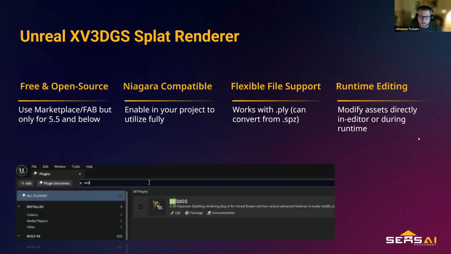So the plugin that I recommend to use is the XV3DGS. This is from Xverse, the 3D Gaussian Splat Renderer. This is a free and open source plugin. You can find it on the marketplace. Open source in quotes, because it isn't.